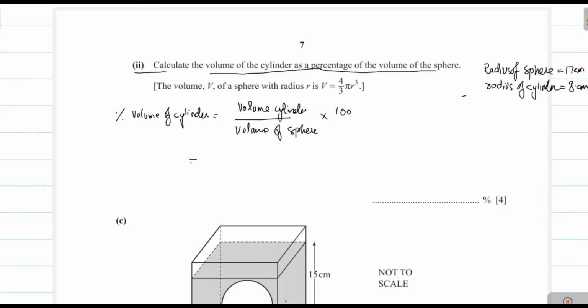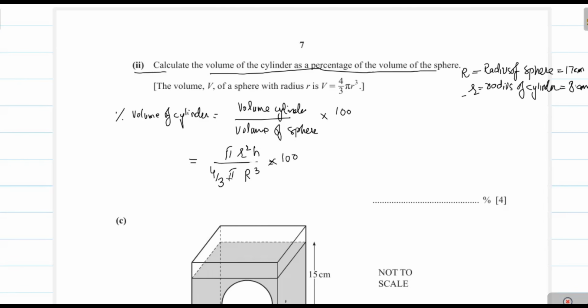The volume of cylinder formula is pi r squared h, and the volume of sphere is 4 over 3 pi R cubed. Here the radius of the sphere we represent as capital R, and this is small r. Therefore, we write capital R cubed. Now we simply multiply by 100.